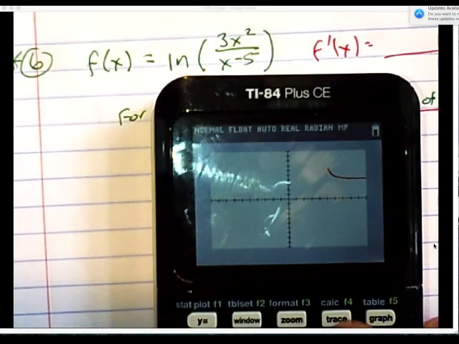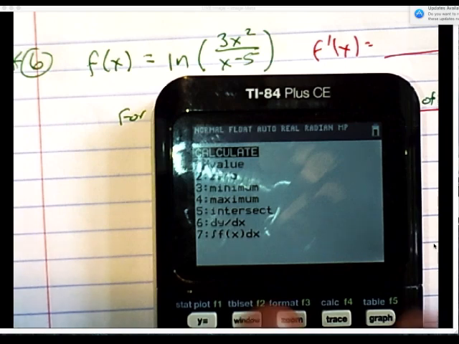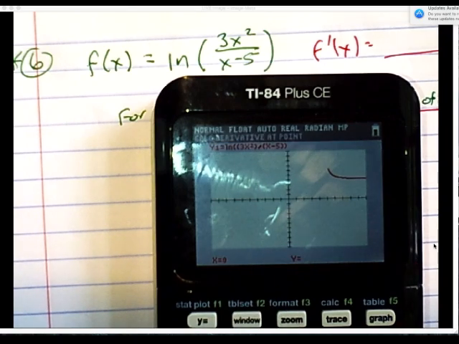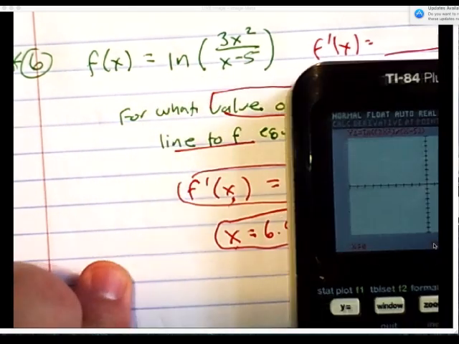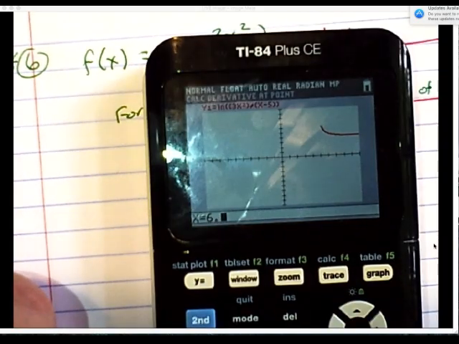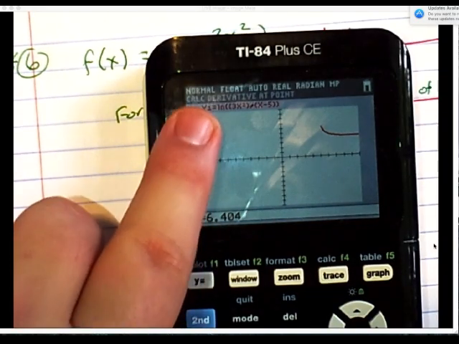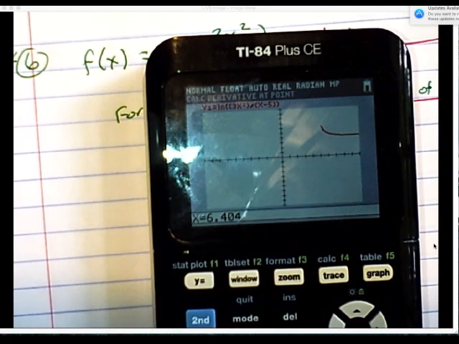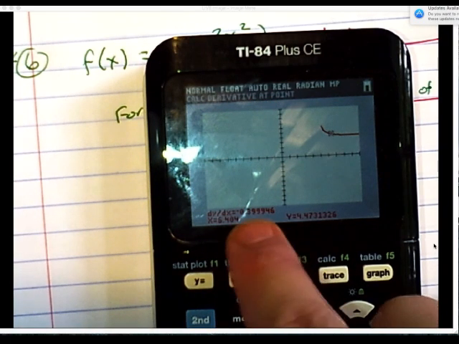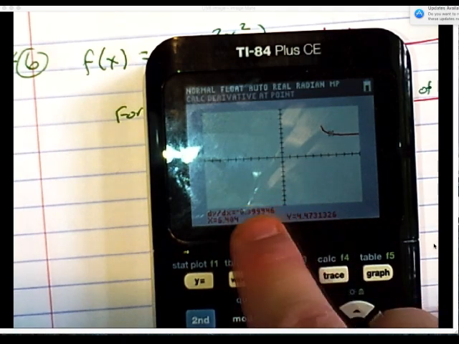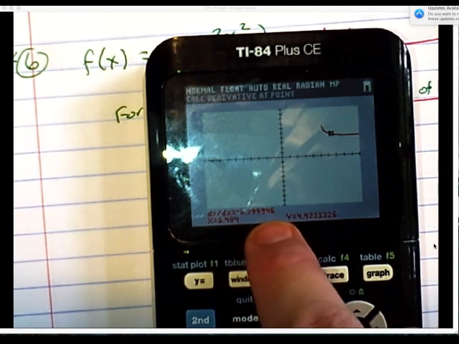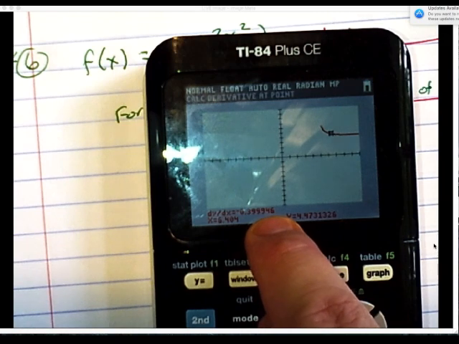If I do second calculate, the derivative, so number 6, at an x value of 6.404, and it tells me up top, calculate the derivative at a point. Hit enter, it tells me there that the derivative right there has a slope of negative 0.4. So I know I'm right.